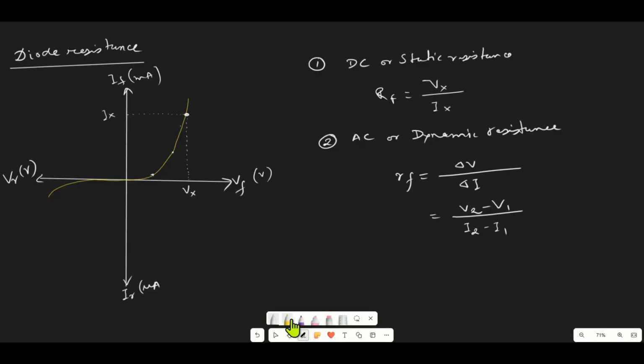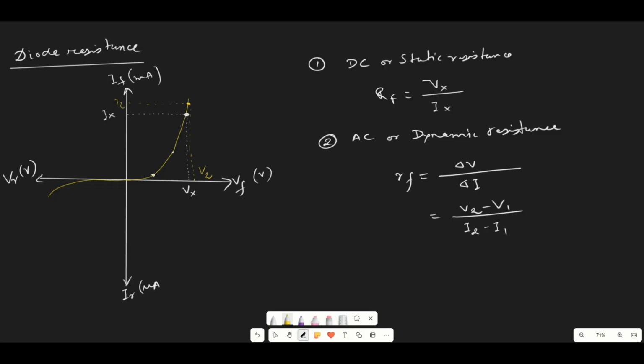Now let us consider another point. So if we consider, suppose, this point, for this we will have corresponding values of voltage and current. So suppose this voltage is V2, this current is I2.